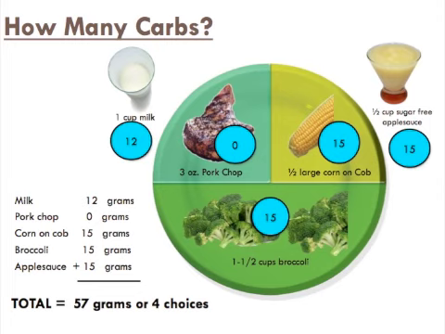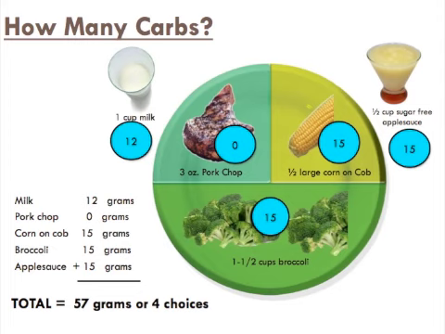So when you want to use the plate method to count carbohydrates, it makes it pretty easy if you know your portion sizes. So you know that your meat contains 0 grams of carbohydrate. If you've got corn on your plate and it's taking up about 1/4 of your plate, that's about 15 grams.